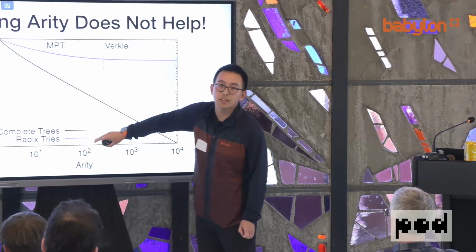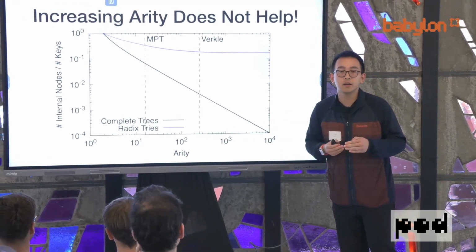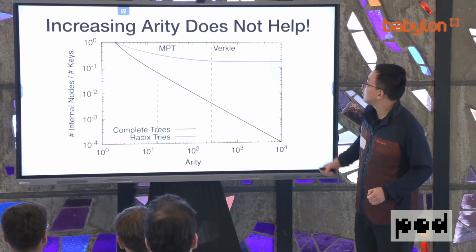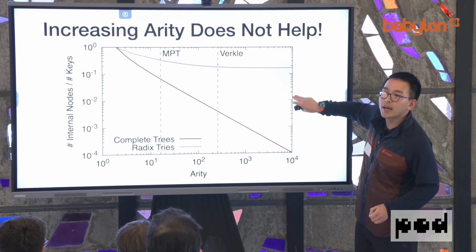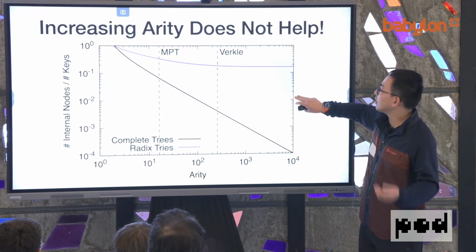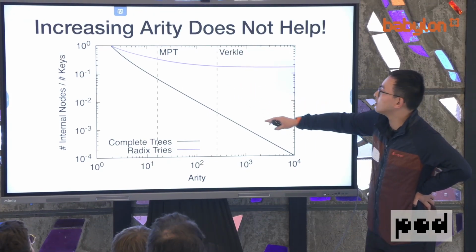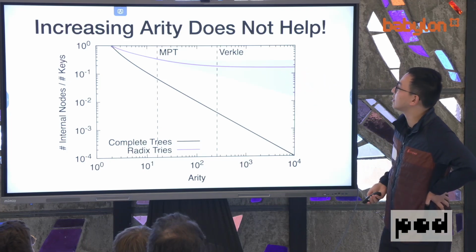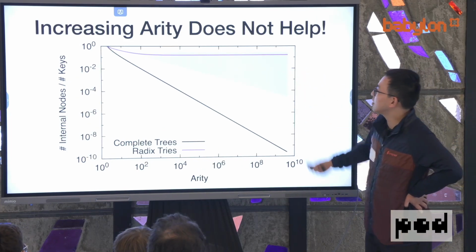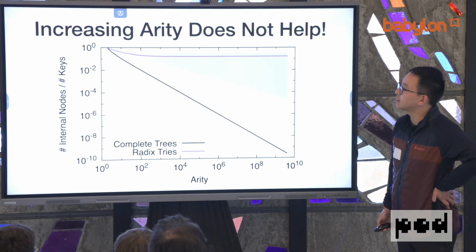The purple curve is the average overhead, averaged over trie sizes, and the shaded area is the worst and the best storage efficiency. You can see that the best is decreasing, but not as fast as the optimal case, and the worst and the average cases just stay here. This is the same figure zoomed out, so it's really converging here.